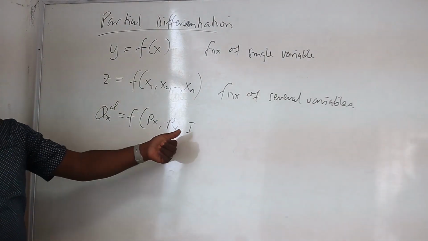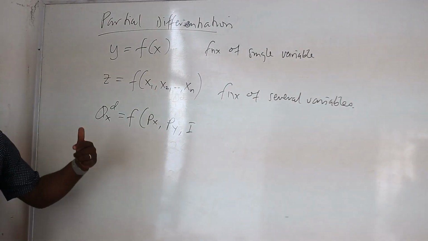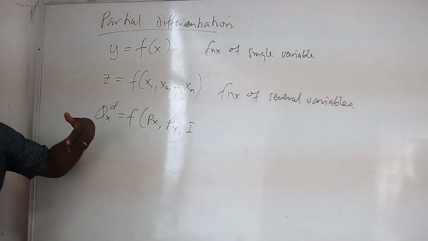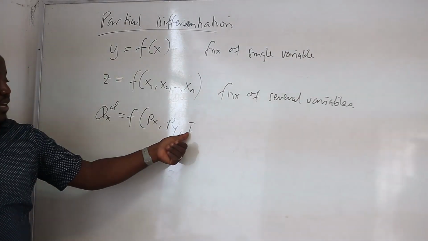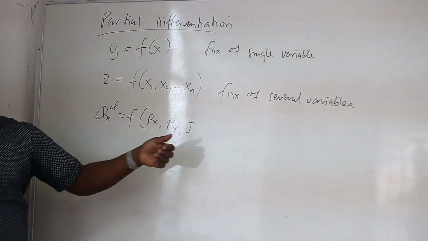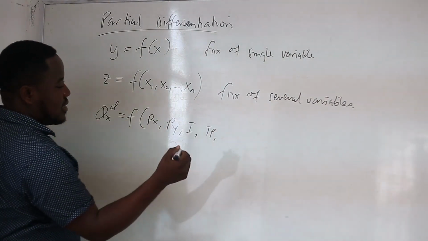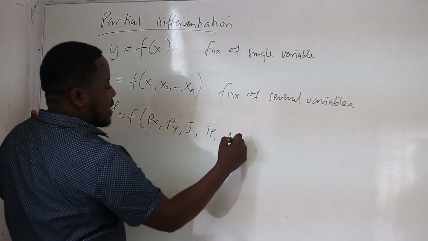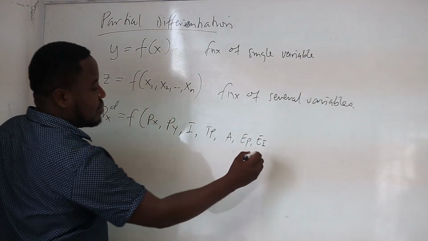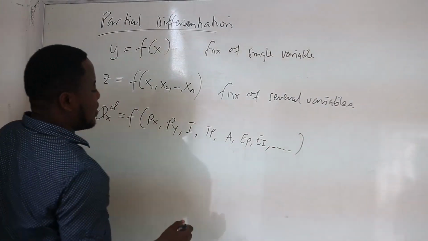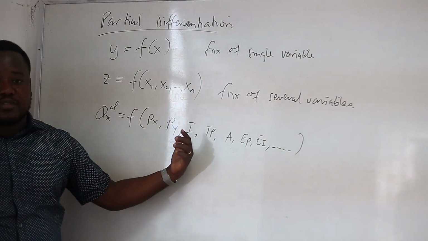Demand is actually your willingness and ability to purchase a product, so if you don't have income, you won't have the ability to buy the product. It depends on taste and preferences, advertising, expectations about prices and income. It depends on so many things. So this is an example of a function of several variables.